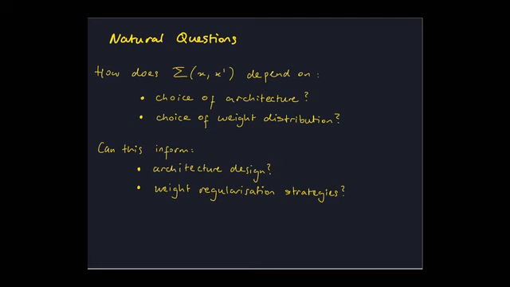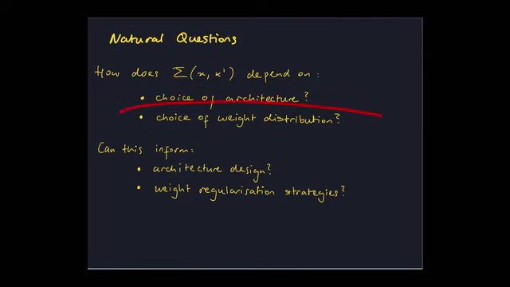Okay. I think there's one slide, and then I can take some questions if anyone has more. Basically, if you really buy into this picture, you believe in the Gaussian process correspondence, and you want to see how far you can take this, you might have questions along the lines of: how does the covariance kernel depend upon my choice of network architecture?